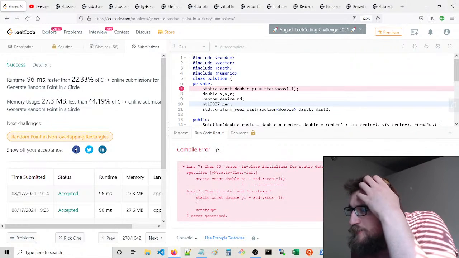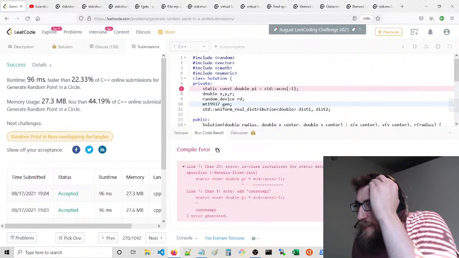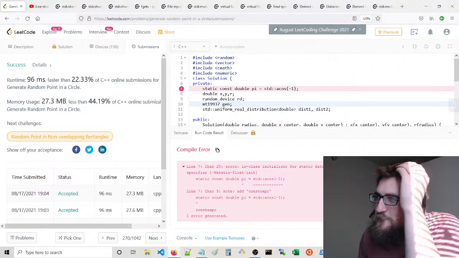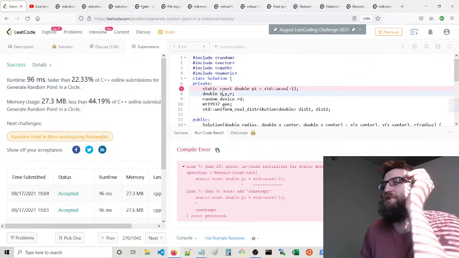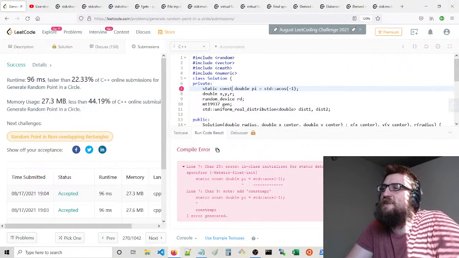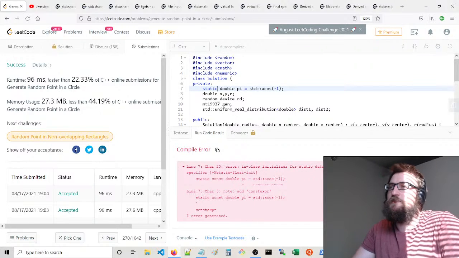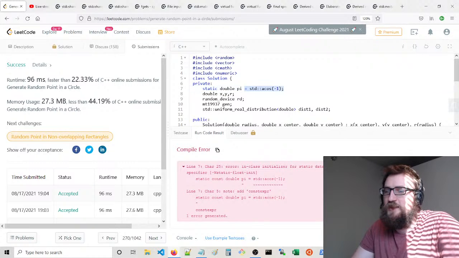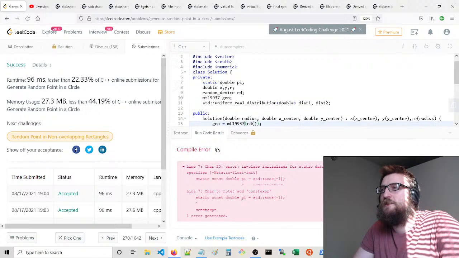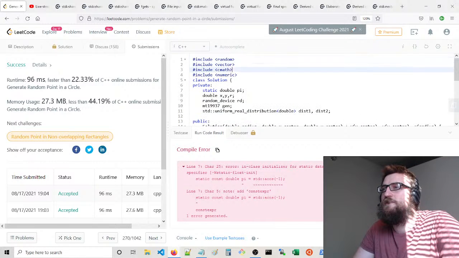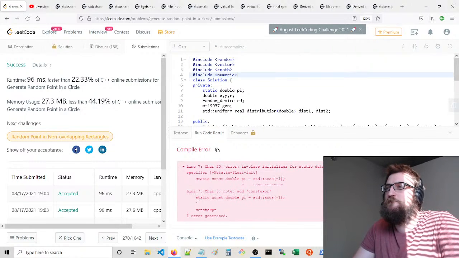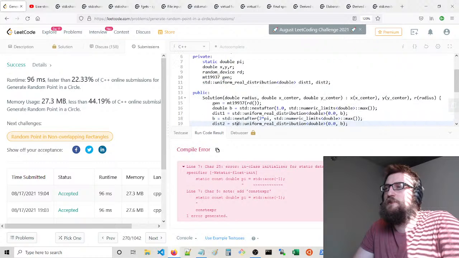In-class initializer for static data member of type const double requires constexpr specifier. Add constexpr. No, but if you add constexpr, this isn't a constant expression, because you have to call a function. That's something kind of funky with static variables that you want to initialize. It's a very unusual thing.